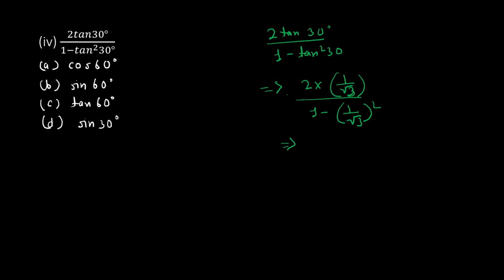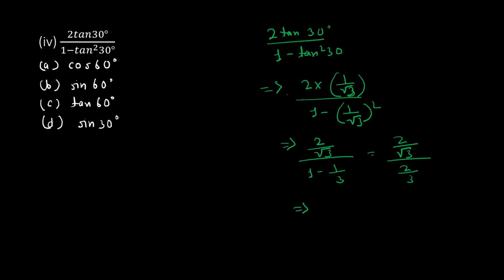It comes out as 2 upon root 3 upon 1 minus 1 upon 3. Root 3 into root 3 equal to 3. So 3 minus 1 equal to 2. So 2 by root 3 upon 2 by 3.